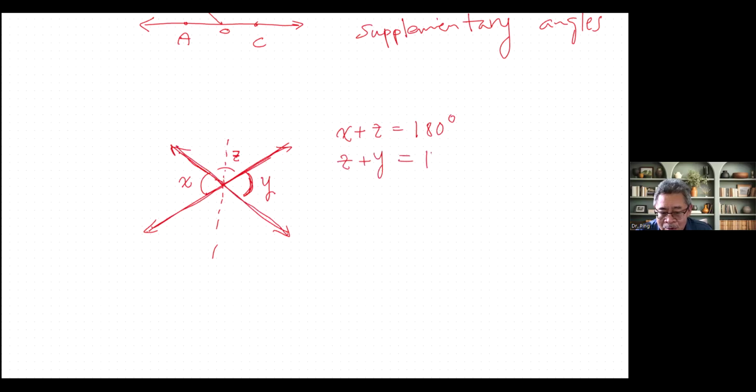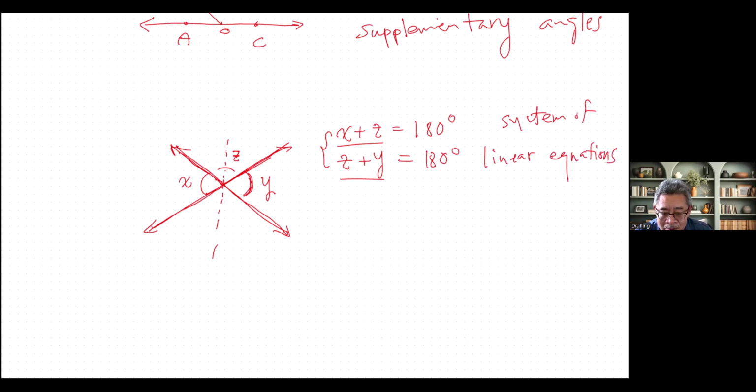Well, we've got two equations. Now, if we take the top minus the bottom, if you remember, this is called a system of linear equations. That's what we learned in algebra. And so top minus bottom, we see that z and z get canceled.